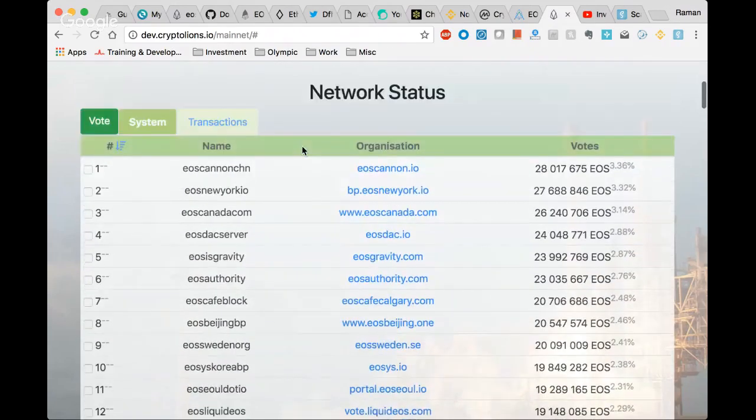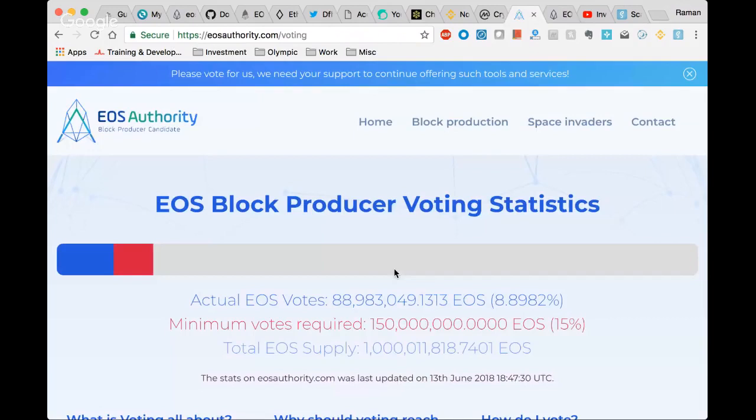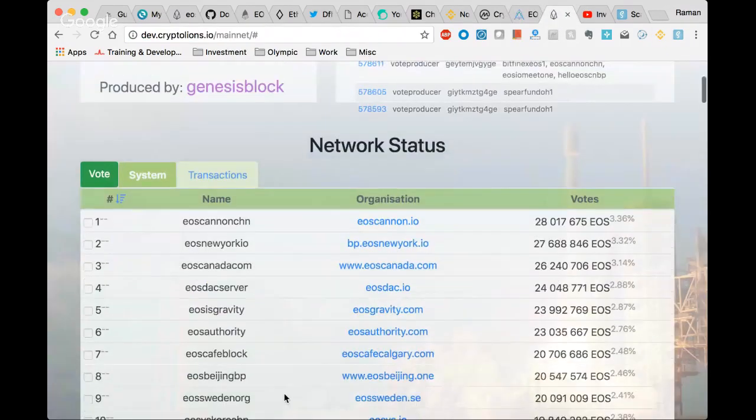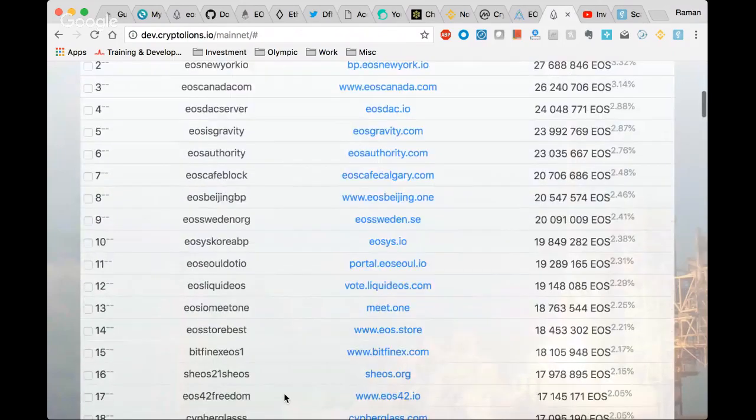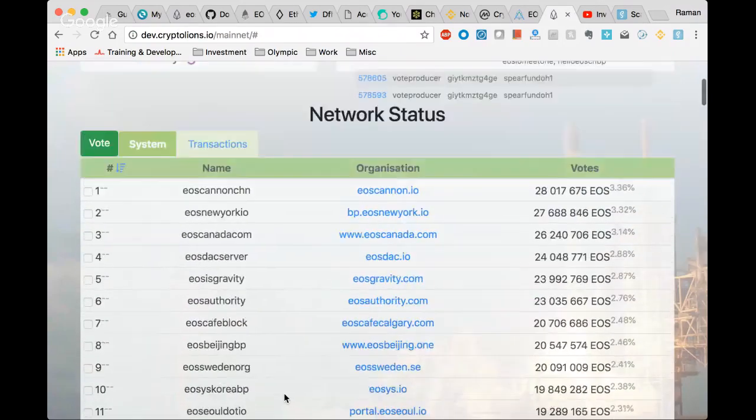But that is because we didn't even have 10% votes. There are 90% votes which can still change anything, anytime. Even after this first set of block producers is decided, every 2 minutes there will be a vote. This is a continuous process, so anybody can change in future who is the block producer.